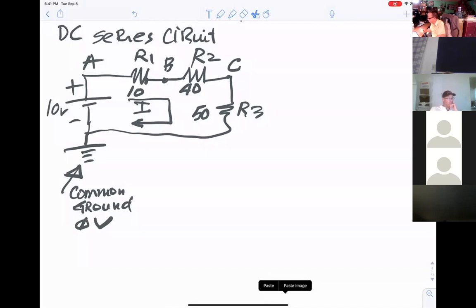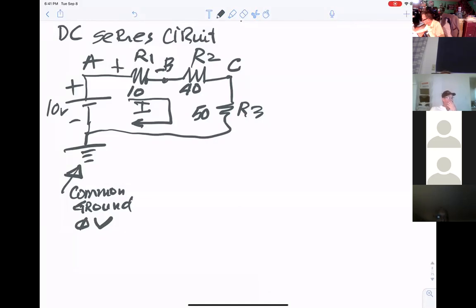Next question. When the current is going in, that side will be positive. When it leaves, it will be negative.